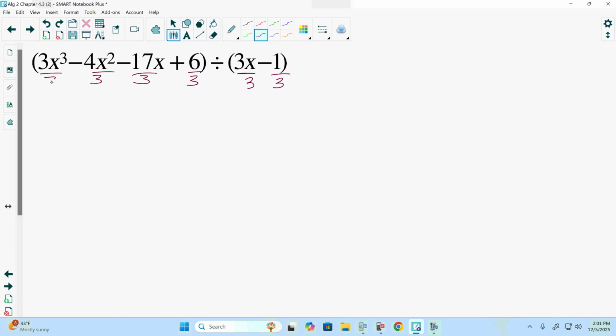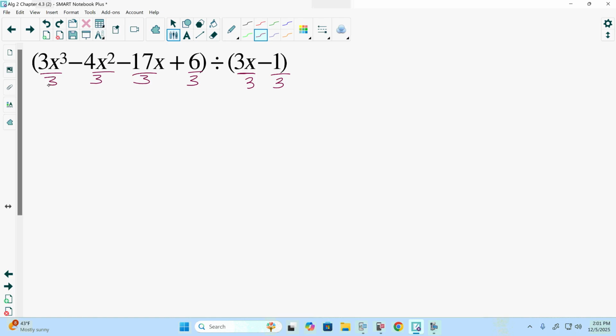And we actually have to divide everything, every part of this problem by 3, because there's a 3 in front of that x. Specifically, in that divisor, if the number in front of the variable with the biggest exponent has a number other than 1, we have to divide the whole thing by it.